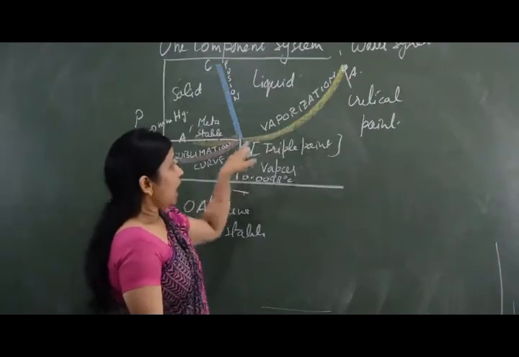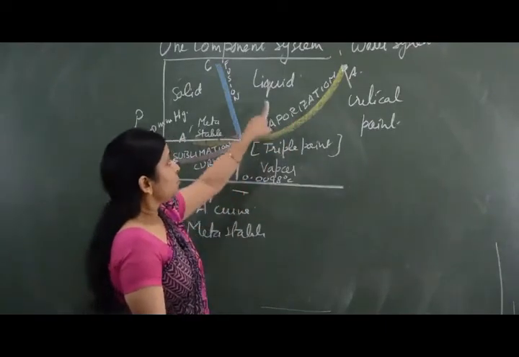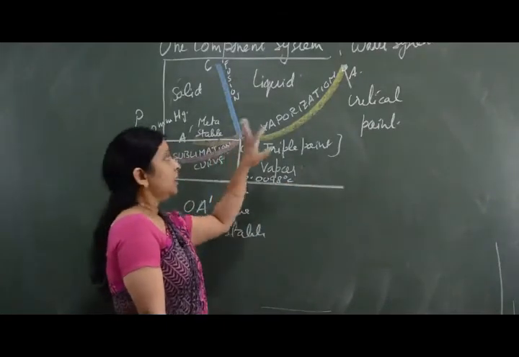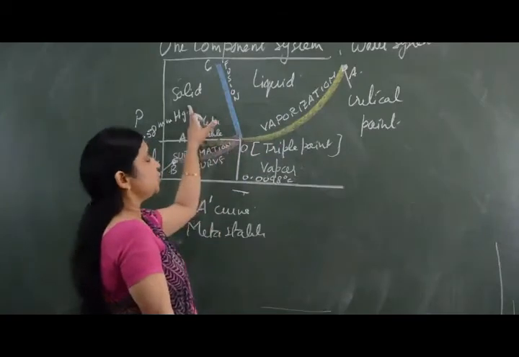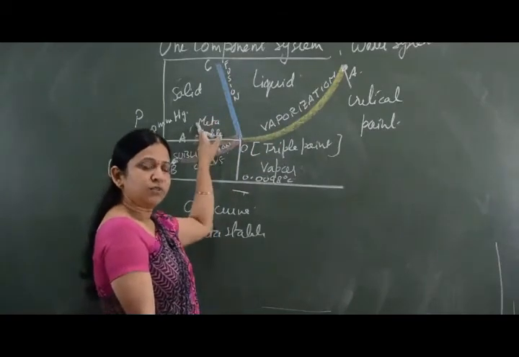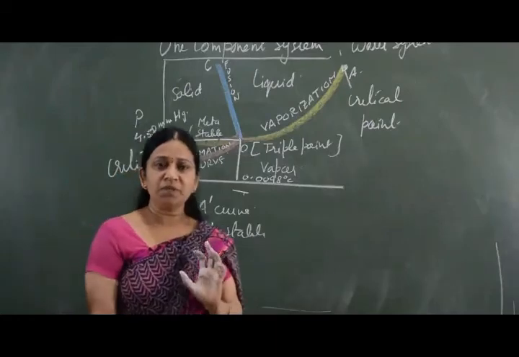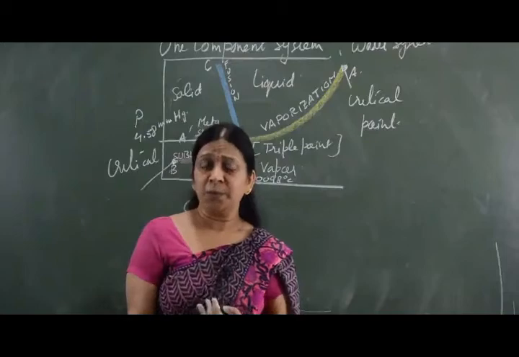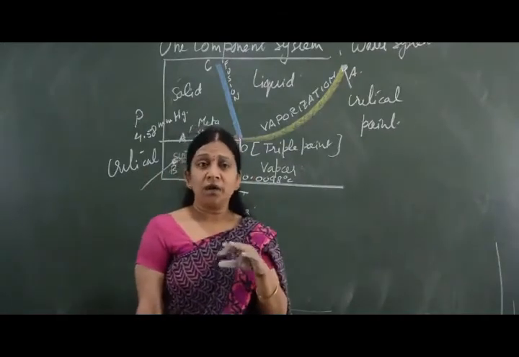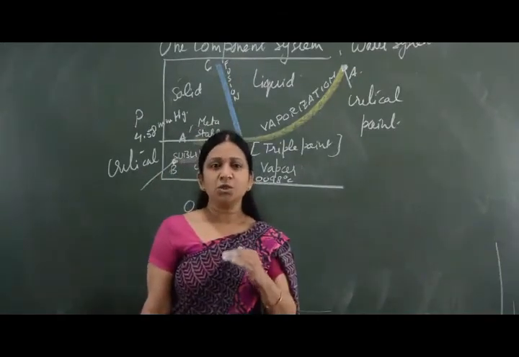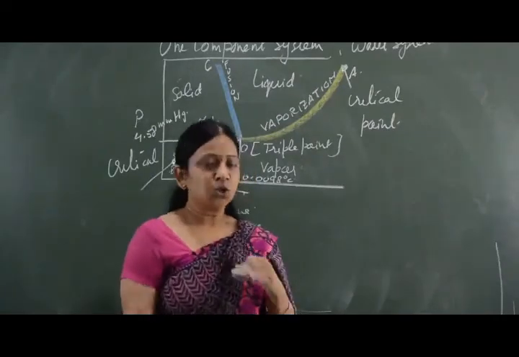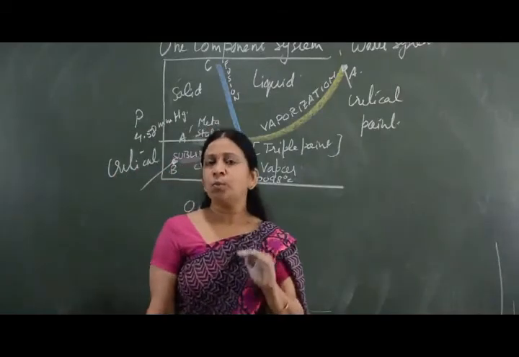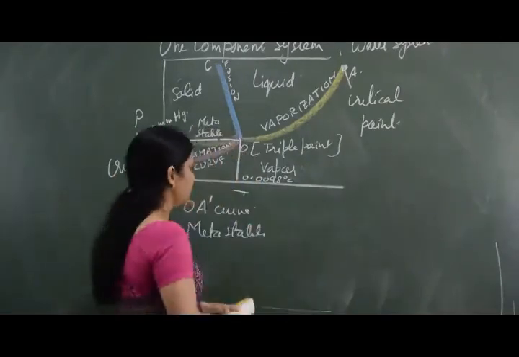On the vaporization curve, the equilibrium is between liquid and vapors, but as we move beyond the freezing point, this curve should have changed into the equilibrium between solid and vapor phase. But what happens is, beyond the freezing point, water remains in liquid state. That water is not normal water, it is known as supercooled water. So, along this metastable curve, the equilibrium is between supercooled water and water in vapor state.